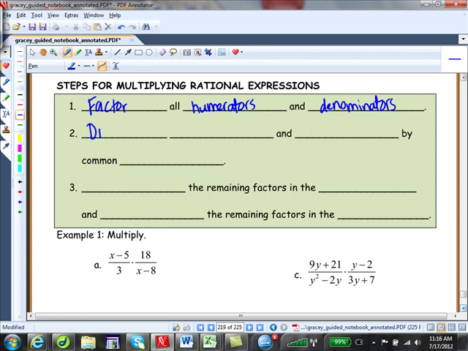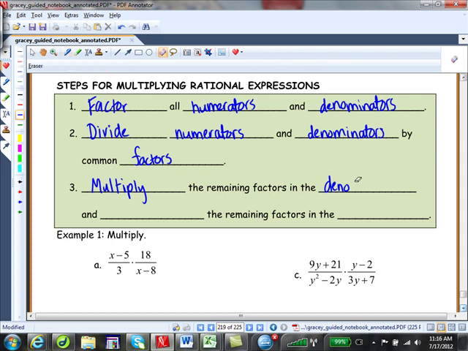Divide numerators and denominators by common factors, and then multiply the remaining factors in the numerators, and multiply the remaining factors in the denominators. Okay.